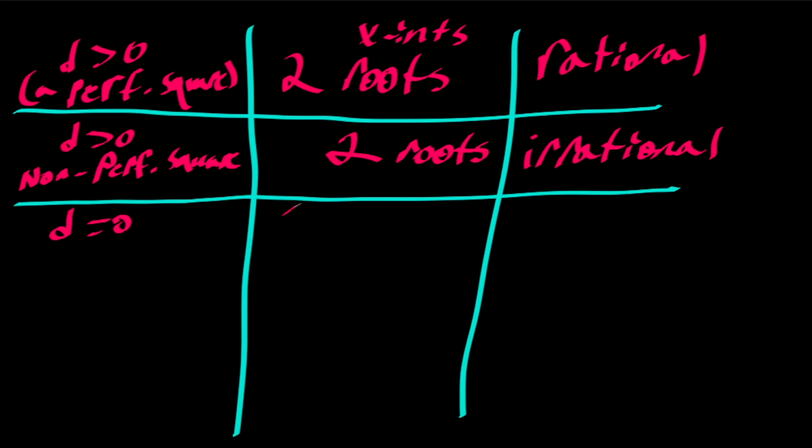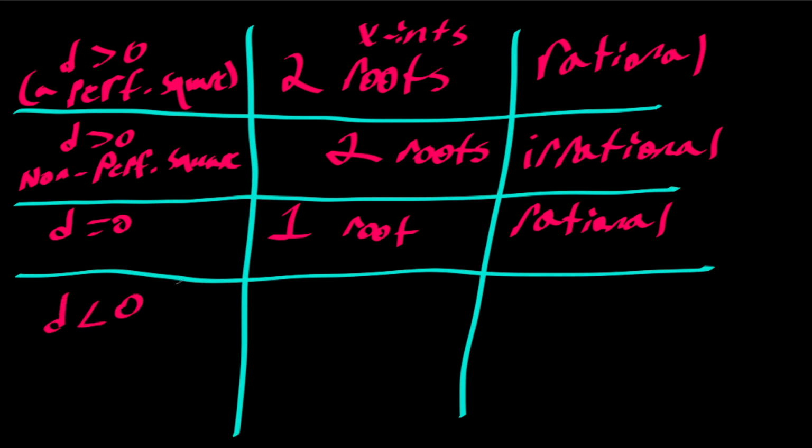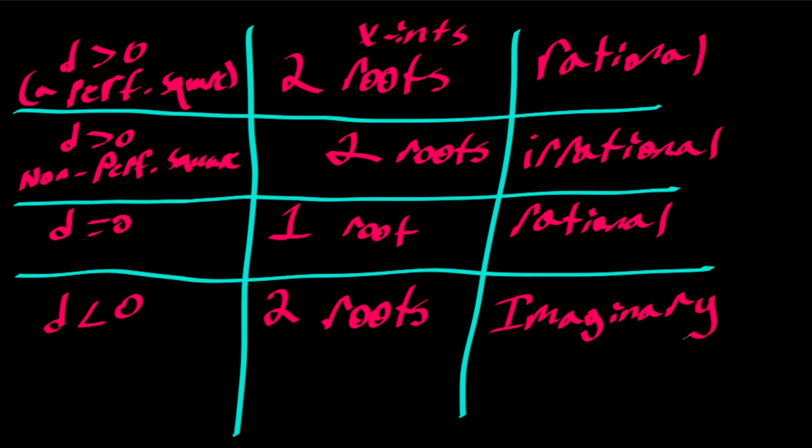If that happens, it essentially means we have one root, and that root would be rational. The last option is that the discriminant is less than 0. Then we end up with two roots, however, they are both imaginary. Those are all the different options we could have.